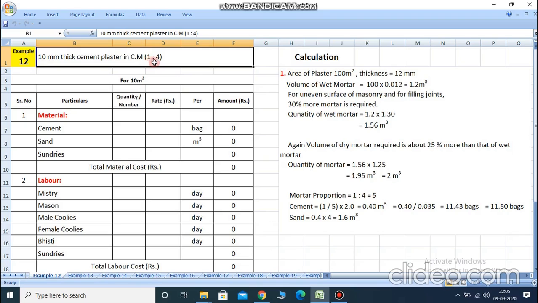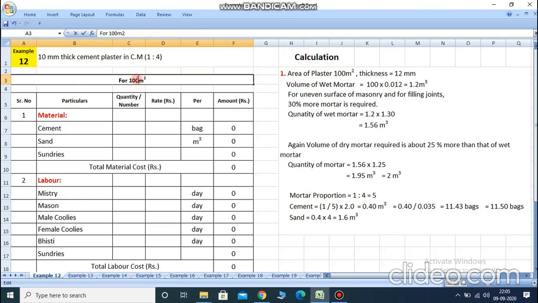The ratio is given 1:4. For the calculation, for a plaster work we calculate 100 meter square. So the area of plaster is 100 meter square and the thickness is, not 10 mm, 12 mm is given here.